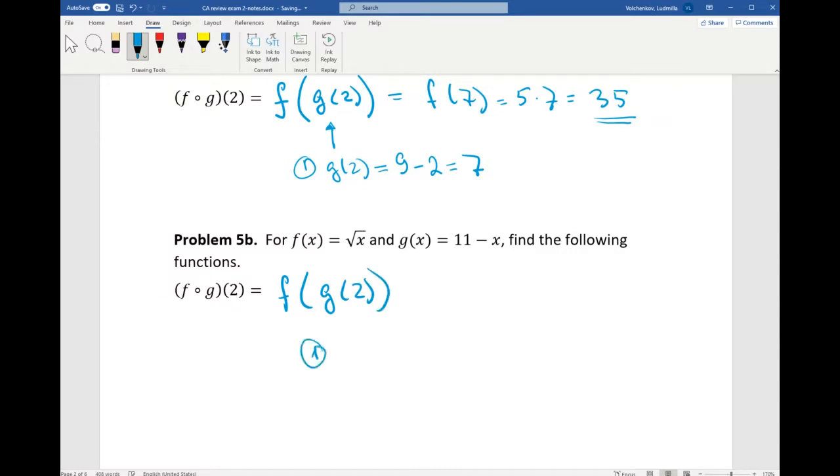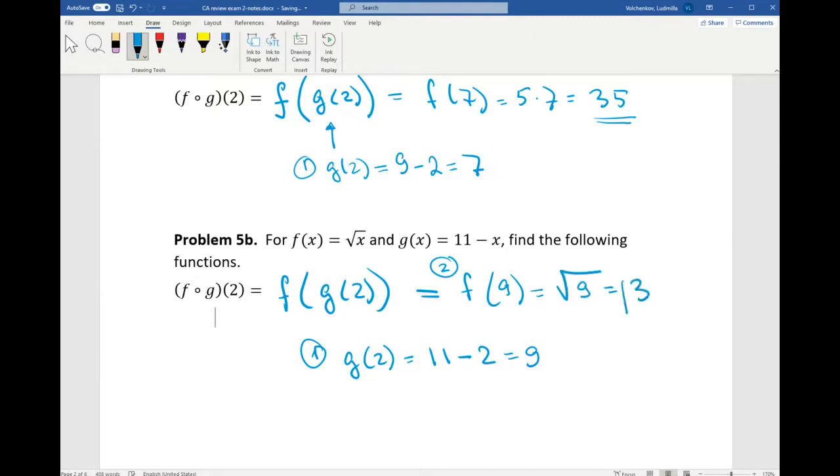First we find g of 2. Substitute 2 for x, 11 minus 2 equals 9. And then the second step, we find f at 9, which is square root of 9, which is 3.